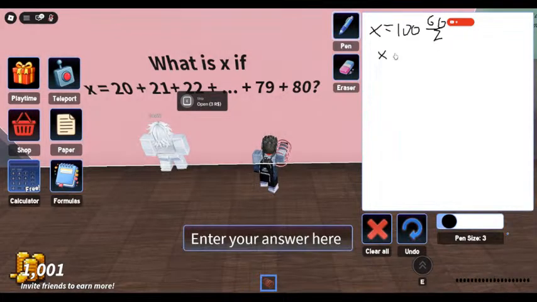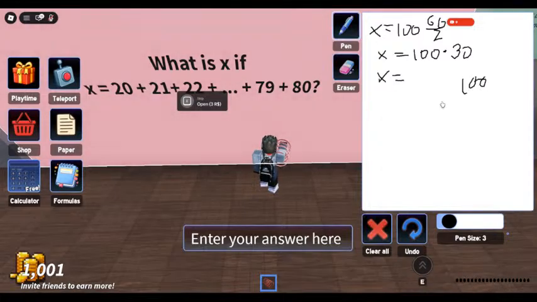So x is equal to 100 times 30. So x is equal to, uh, wait, 3000. Yeah.